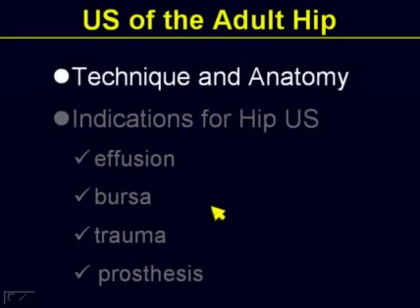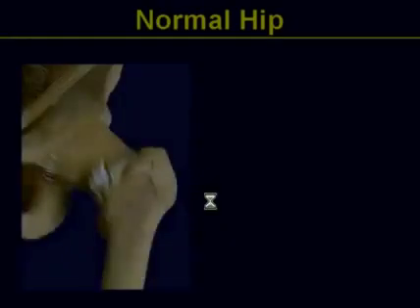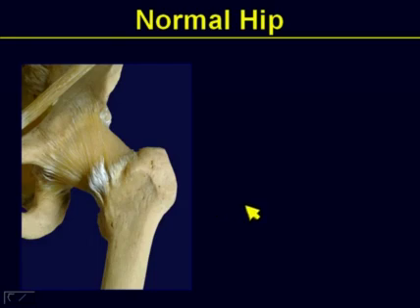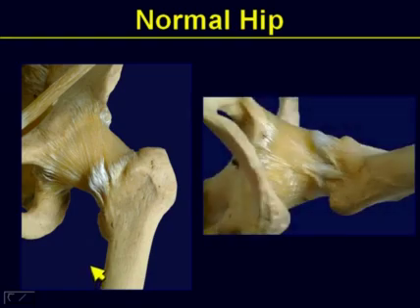For the ultrasonography of the adult hip, one has to develop the technique and have a knowledge of the anatomy of this joint. So here we see a frontal view of the normal hip. Note again that this one has the capsule over it. And once you have the colored image, try to remember that you look at images both end-on or face-on, if you wish.